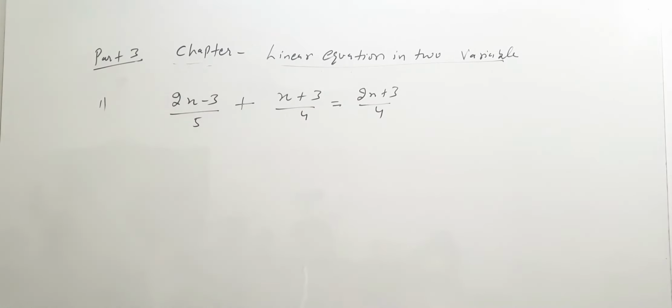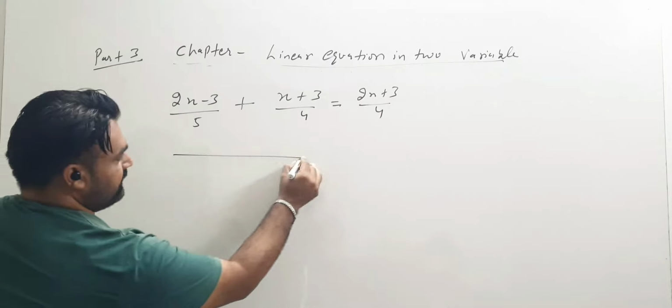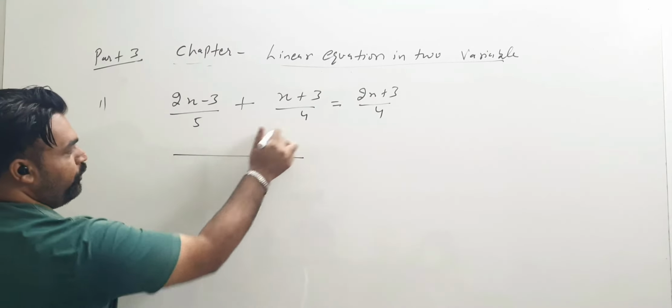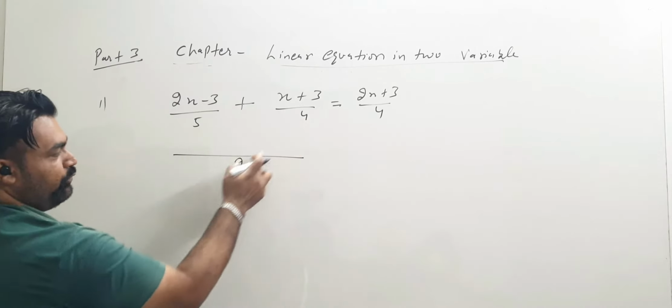Now this is a question. First of all, we have to find the value of x. Now first of all we will take LCM. The LCM of 5 and 4 is 20.